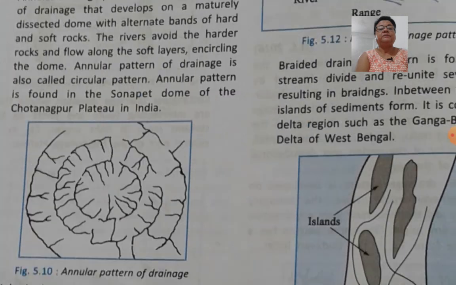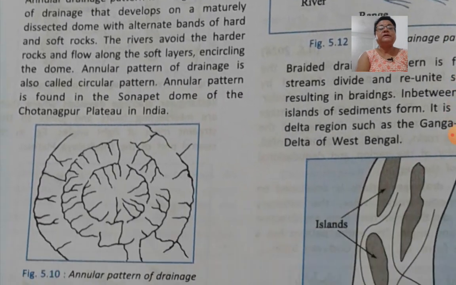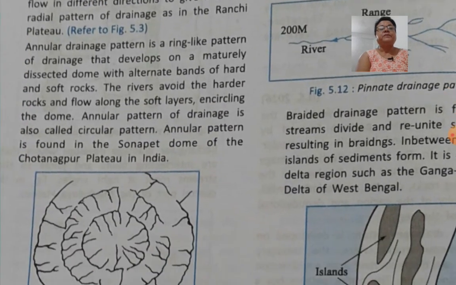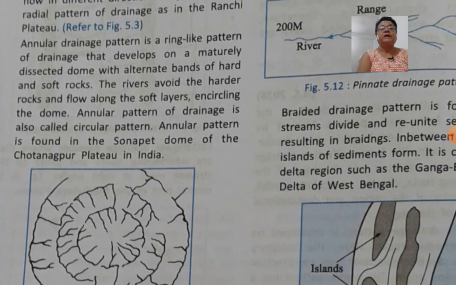Annular drainage pattern is a ring-like pattern of drainage that develops on a maturely dissected dome with alternate bands of hard and soft rocks.